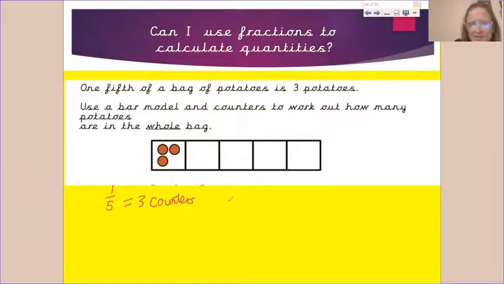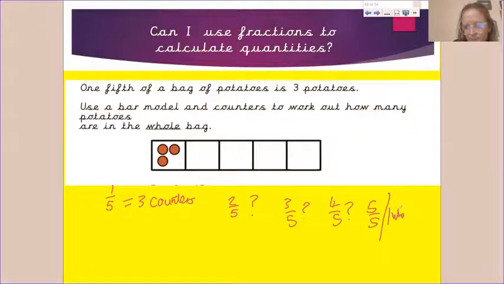So can you complete it? What will 2/5 be? What will 3/5 be? What will 4/5 be? And what will 5/5, one whole, be? So pause the video and complete this question, just like you have done the previous questions, neatly laid out.